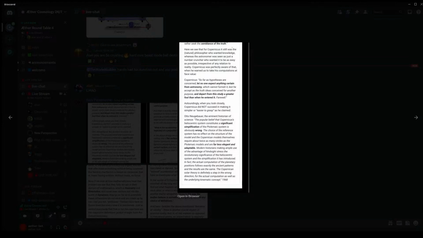Modern historians, making ample use of hindsight, stress the revolutionary significance of the heliocentric system and the simplification it has introduced. In fact, the actual computation of the planetary positions follows exactly the ancient patterns, and the results are the same. The Copernican solar theory is definitely a step in the wrong direction for the actual computation, as well as the underlying kinematic concept.